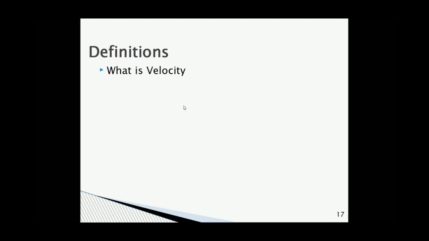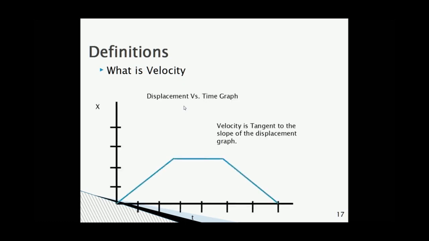Now let's look at velocity graphically. Here you have a displacement versus time graph. X on the vertical axis represents your displacement, and T on your horizontal axis represents time. Here you have a slope which represents a change in displacement. When you have a change in displacement, you have velocity.